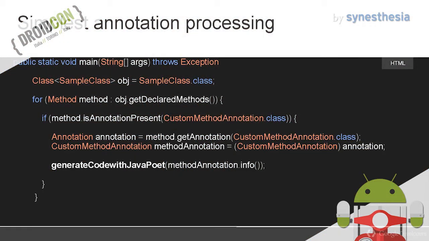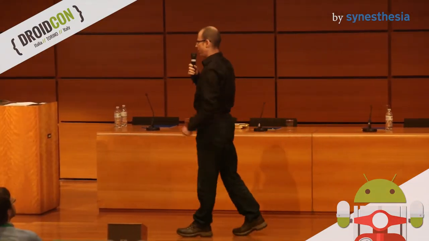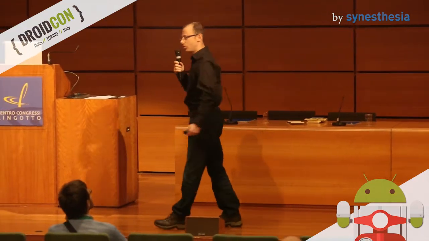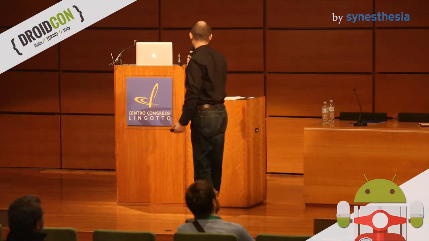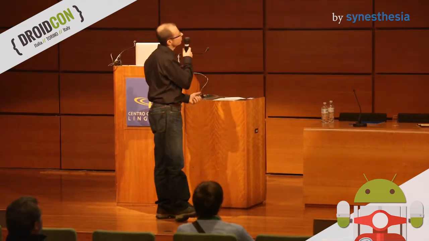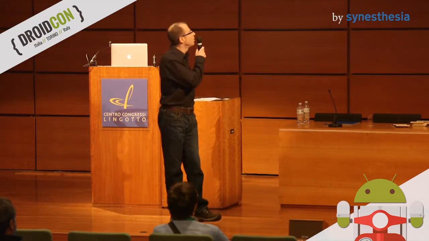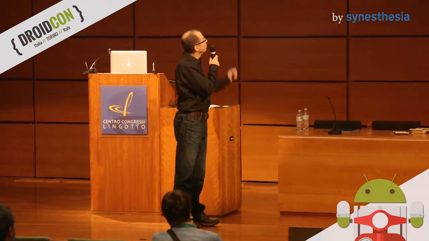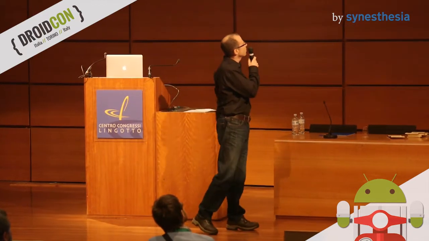Okay, this is a little work. I lied. Here, in order to make our annotations run and work, we need to add some piece of code that will serve as an annotation processor. Essentially, what it will do is, using reflection, which is a Java technique for modifying code at runtime, we iterate over all the methods and see if you have an annotation, as you can see, custom method annotation.